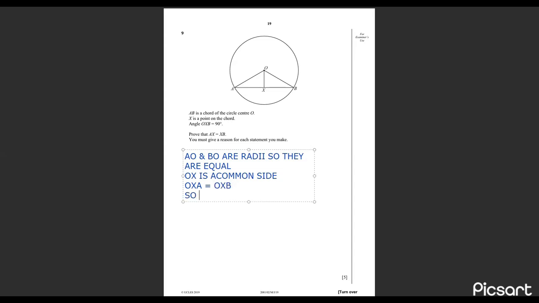So the triangles are congruent: triangle OXA is congruent to triangle OXB. So AX equals XB, and it's clear. Only one question in one page. Very easy question. Let's see the next.